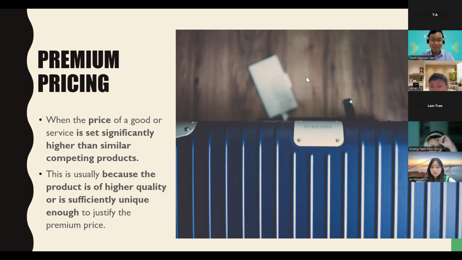So your example is correct, but you have to explain it again to me. Why does the chocolate produced by Mr. Beast have a higher price? Is it because it has higher quality compared to other kinds of chocolate, or because the chocolate is very unique?